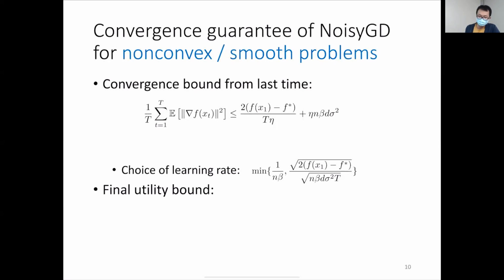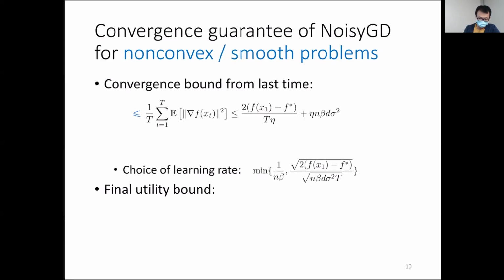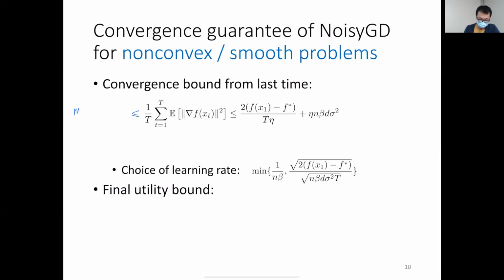And why does this average matter? So using the fact that the minimum is always smaller than the mean, this is also an upper bound of the mean over all t from 1 to T of the expected value of the gradient of f at x_t squared, right?